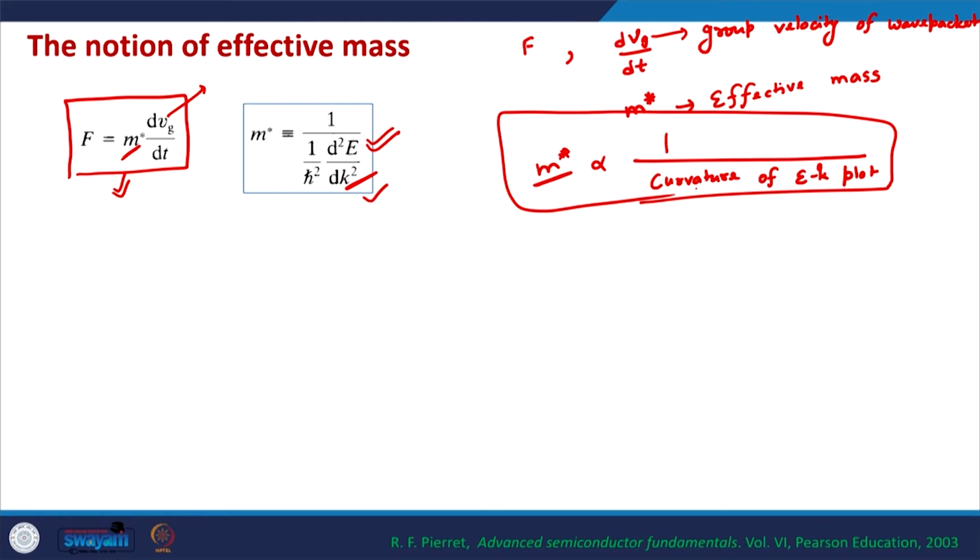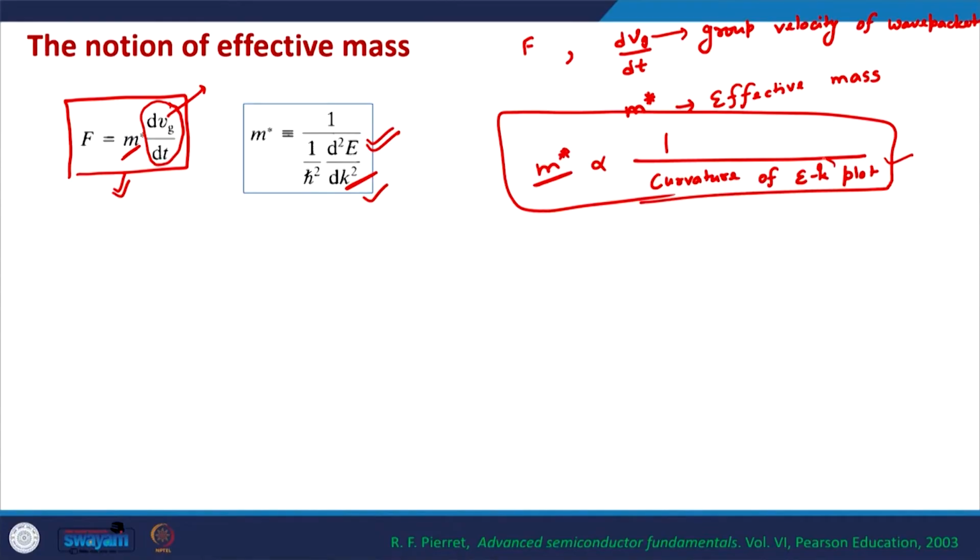electron in solids. The advantage of having this kind of equation is that now we can treat electron almost like a classical particle, but the mass will be taken as the effective mass, which we need to draw from the E-k plot, and the E-k plot comes from the quantum mechanical solution, and the velocity we need to take as the group velocity of wave packet instead of the velocity of a particle.